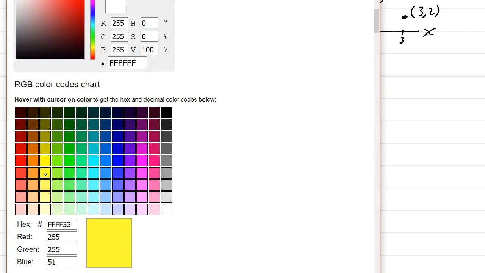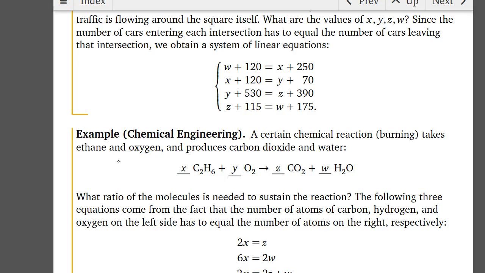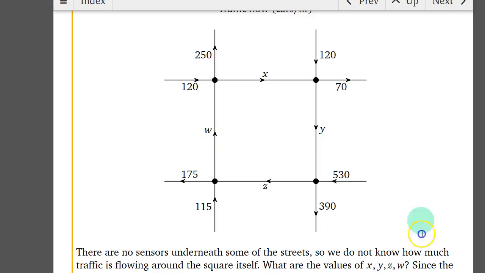So points can represent all kinds of different things, not just points in space, not just colors. You saw the example in the online Rabinoff textbook with the flow in the traffic streets, where you could have an R4 point that would represent x, y, w, and z, the flows of these streets. You could think of it as four-dimensional space, but you could also just think of it as four numbers that it's handy to represent as one thing.